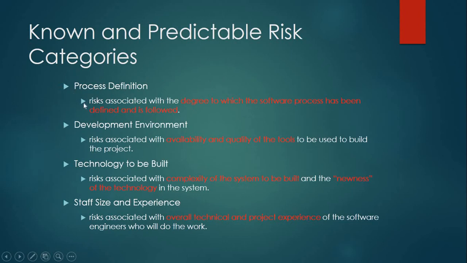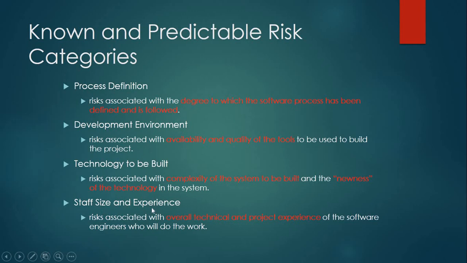Process definition, risk associated with the degree to which the software process has been defined and is followed. Next is development environment, risk associated with the ability and quality of the tools to be used to build the project. Technology to be built, risk associated with the complexity of the system to be built and the newness of the technology in the system.